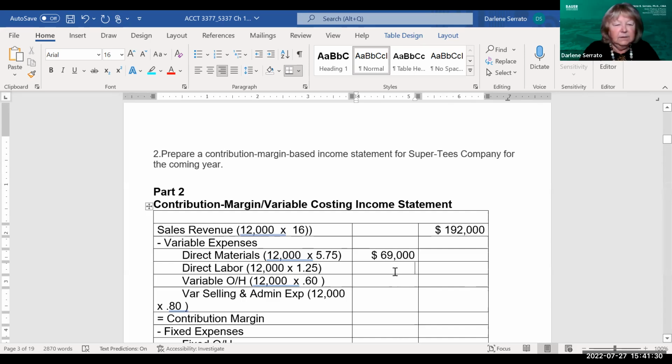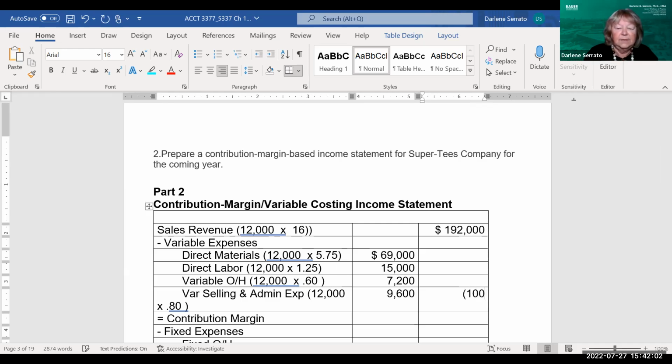This one is 15,000. Variable overhead ends up being 7,200. Variable selling and admin is 9,600. You have to have a subtotal when you have multiple accounts. I'm putting the subtotal right here. Okay. So I don't need a separate row when I'm putting it in the next column.